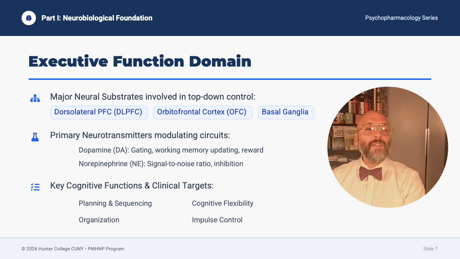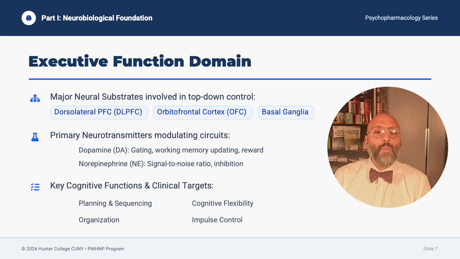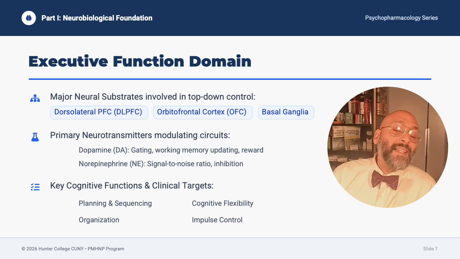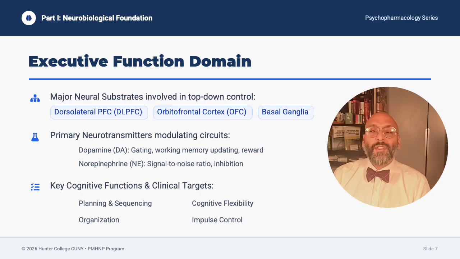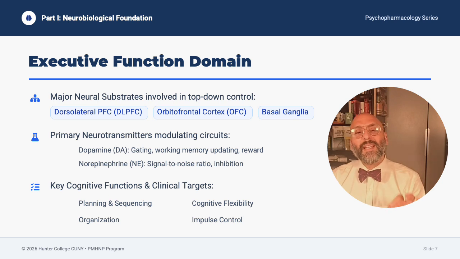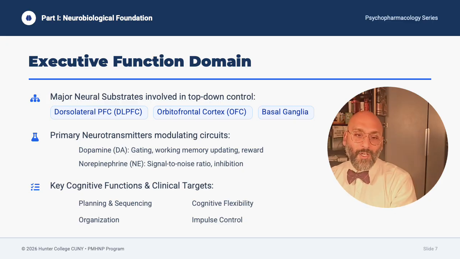So in ADHD, for example, executive dysfunction reflects inefficient dopamine and norepinephrine signaling in prefrontal circuits. In mood disorders, executive function often worsens during depressive or manic states, even when attention looks intact. In something like substance use disorder, you'll see impaired orbitofrontal cortex and basal ganglia signaling, which biases decisions toward short-term reward over long-term consequences.